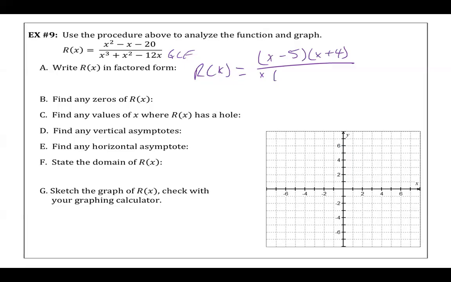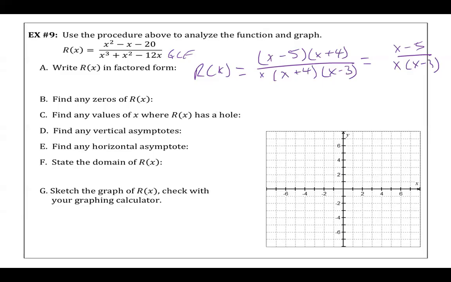Now I ask myself what multiplies to give me negative 12, but adds to give me a positive 1. Okay, that is my factored form. Then we're going to reduce it. And when I reduce, I'm left with x minus 5 over x times x minus 3. Agreed?